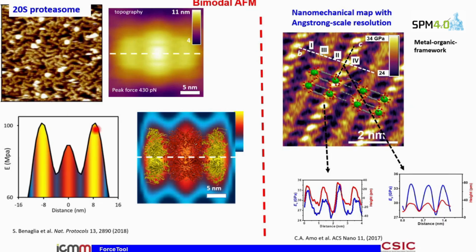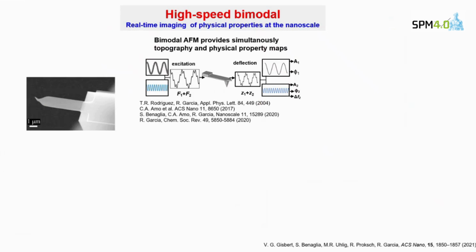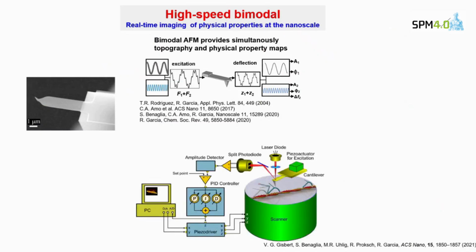And then you can link why this proteasome has to be stiffer here and here than in the middle, and you can correlate these properties with the functionality of this material. And then bimodal AFM can give you molecular resolution in other systems, no problem. So the idea is to combine bimodal AFM with high speed, and that's something that can be done.